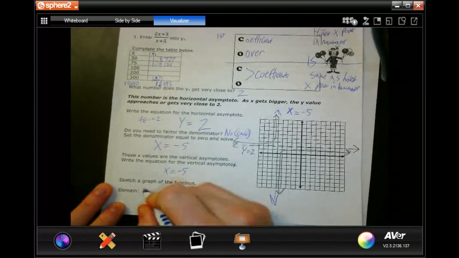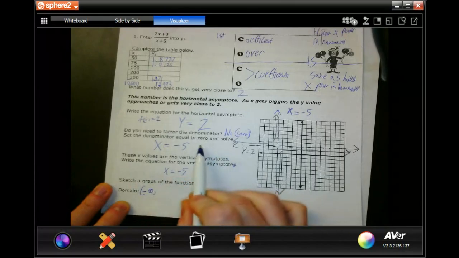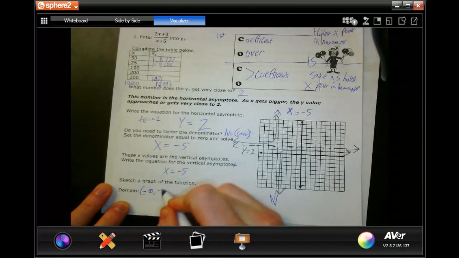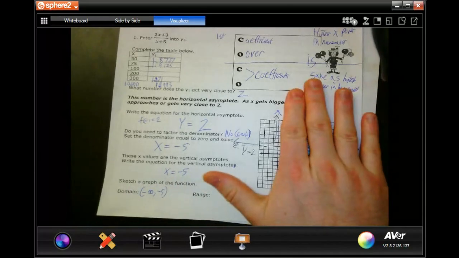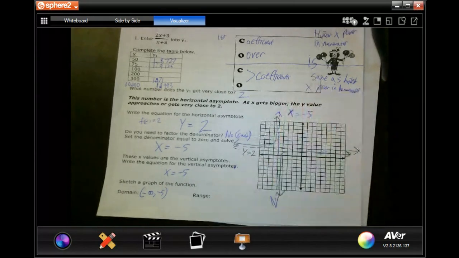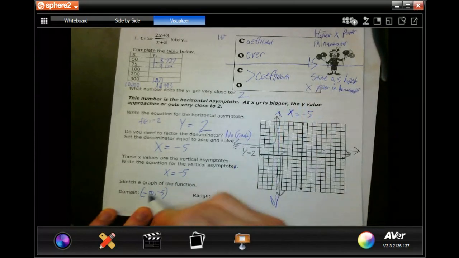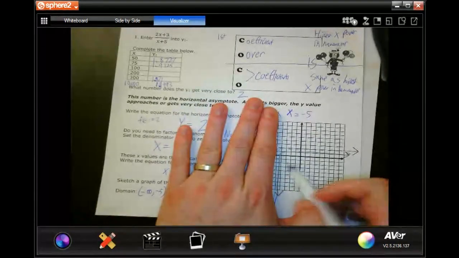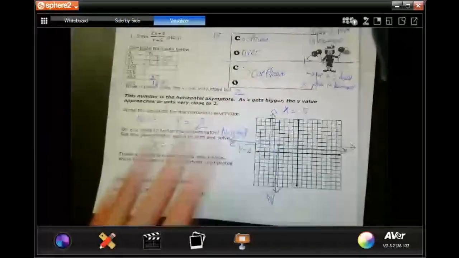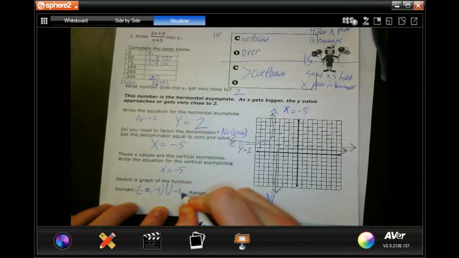Let's try it with interval notation, your favorite, right? Negative infinity, it's going to go negative infinity all the way to negative 5. So you take one piece at a time. Domain, you go left to right. This is the most left piece. So you stick in just one interval, union with, and now you look at the second piece, the one that's on the right, and that starts at negative 5.